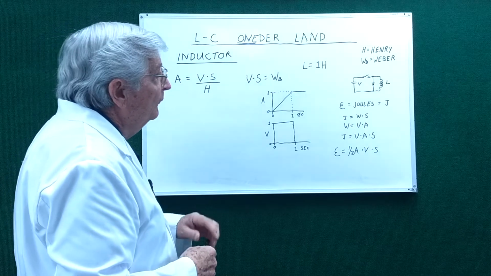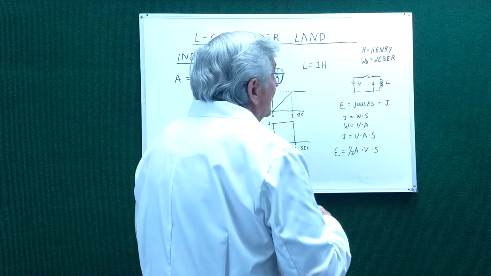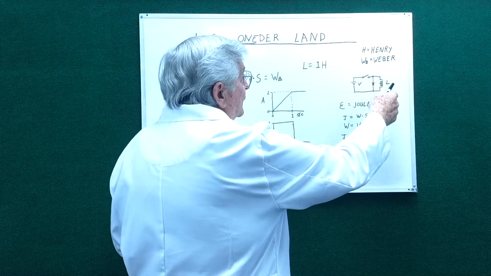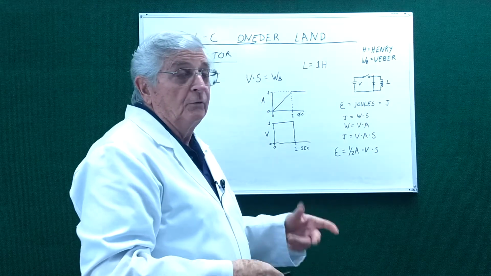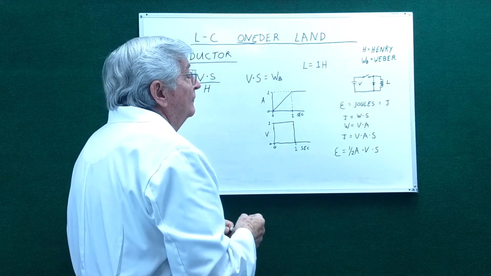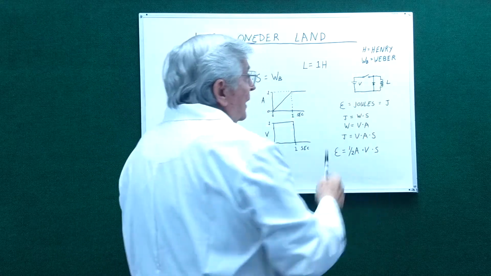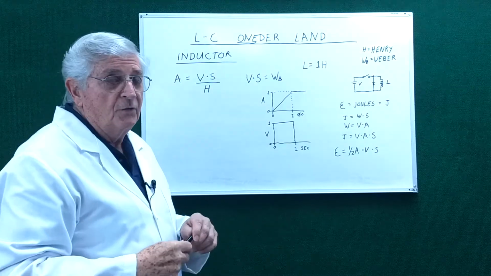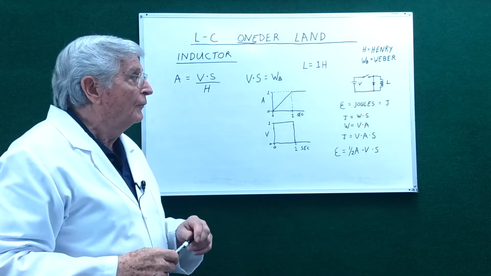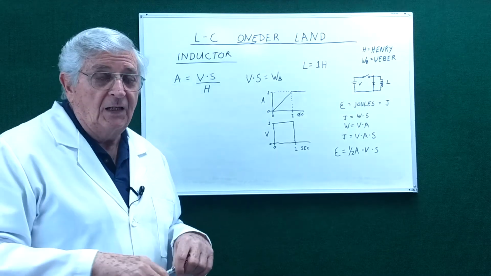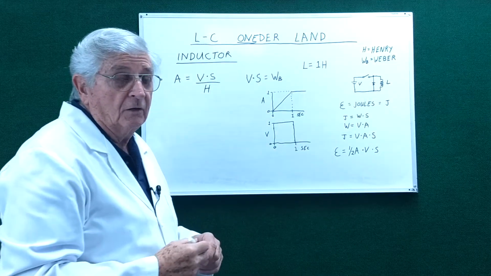So in case you're not familiar with inductors, inductors are given in henries or microhenries, millihenries, etc. And there's another term we've got to cover briefly, and that's the unit Weber. Weber is the amount of flux, magnetic flux, that's generated when you pass a current through an inductor.